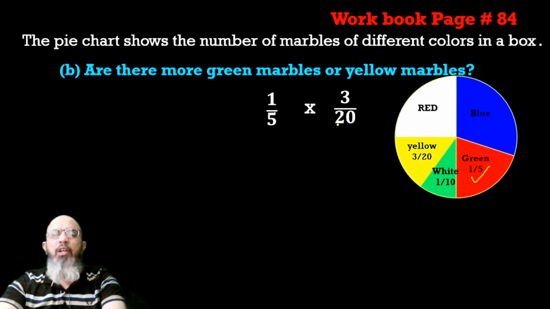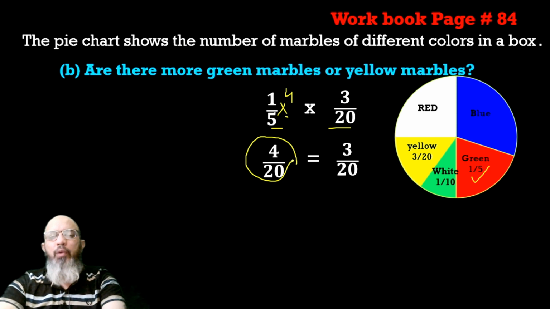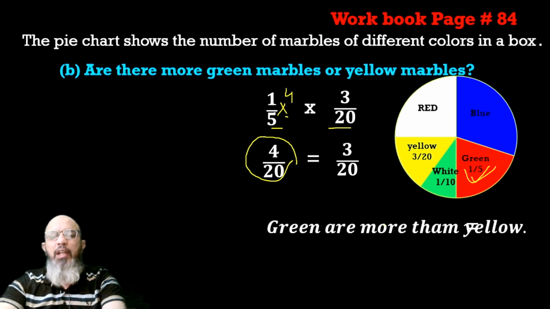We make the denominator the same, so we multiply this term with 4, because we have to make the denominator same. 5 4s are 20. So we get 4/20 and 3/20. Which has the greater value? 4/20, which means 1/5, which means green. So green has more than yellow.